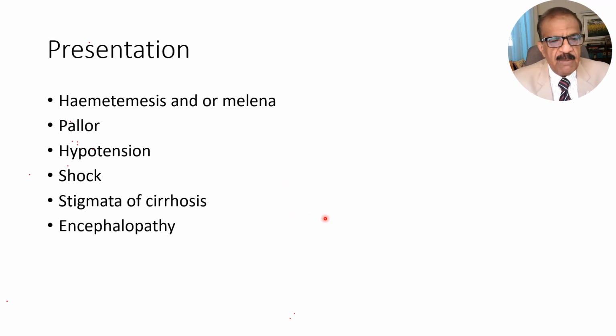Encephalopathy, because patients with upper GI bleeding are likely to go into hepatic encephalopathy. Now, this I will cover in a separate video, but very briefly, patients with upper GI bleed tend to develop hepatic encephalopathy for two reasons. There may be more than two, but I'm going to just highlight two.